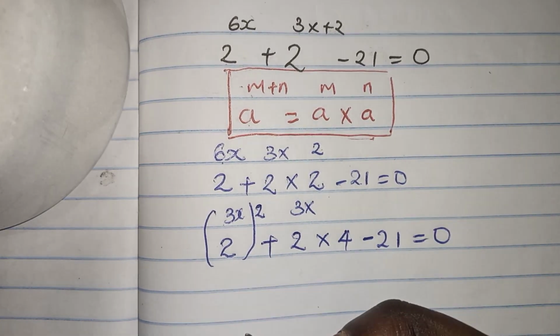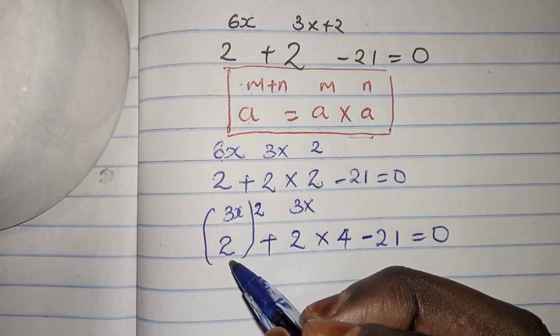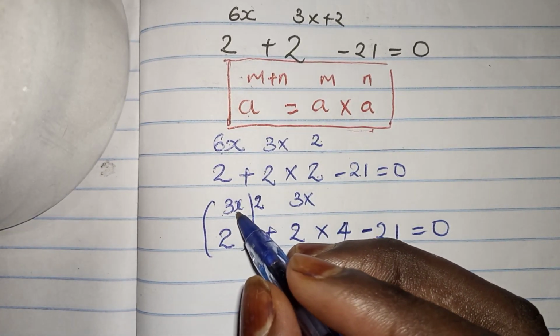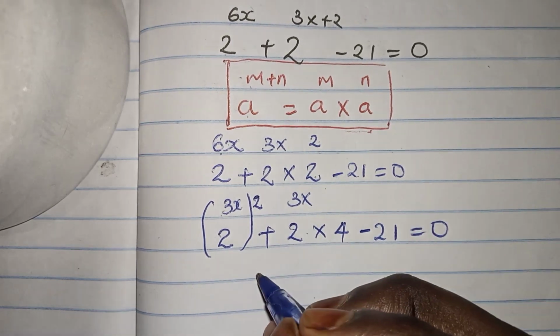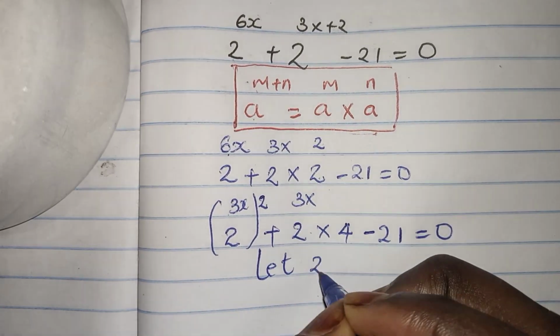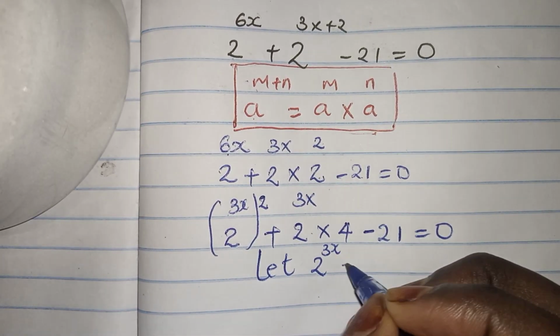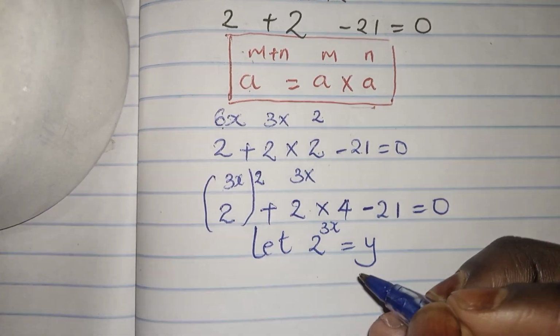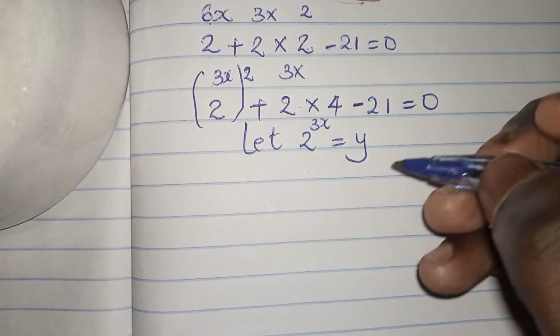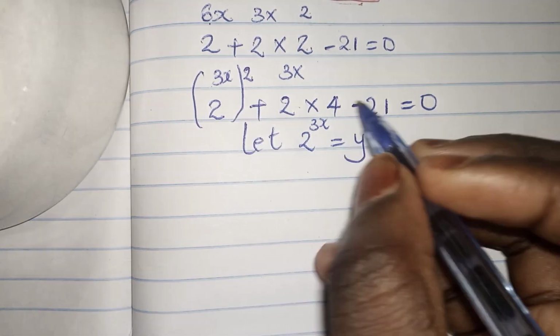So our next step, if you can see, 2 to the power of 3x here is common. So we'll say let 2 to the power of 3x be y. I'll substitute this y in this equation.